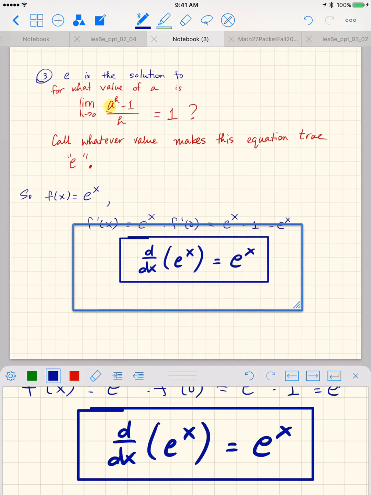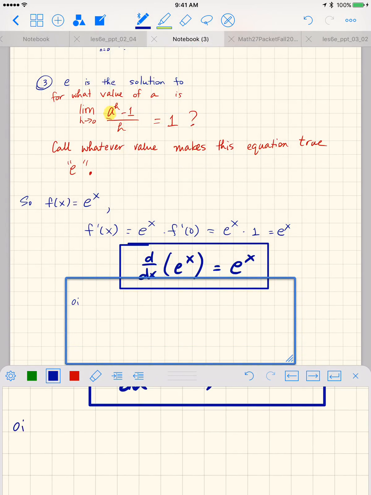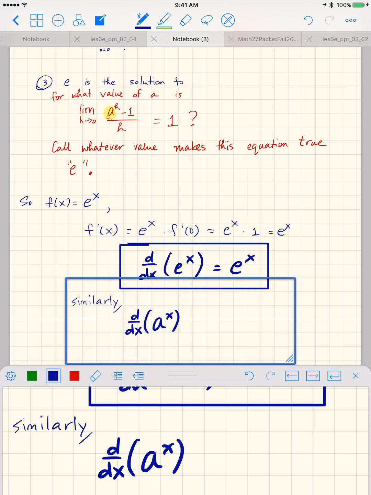And similarly, we have that the derivative of a to the x, for any a, is going to equal the natural log of a times a to the x.